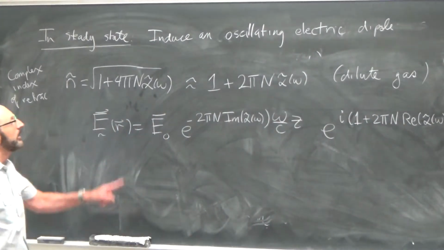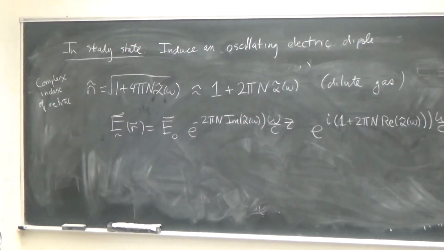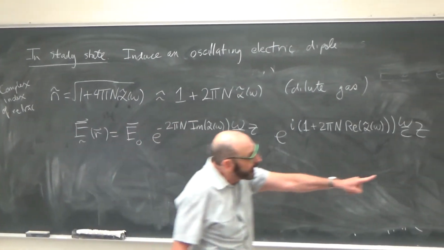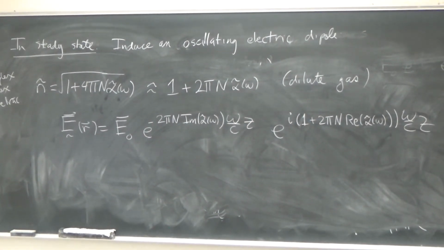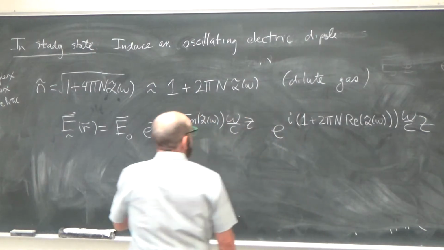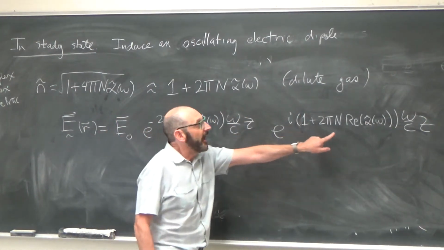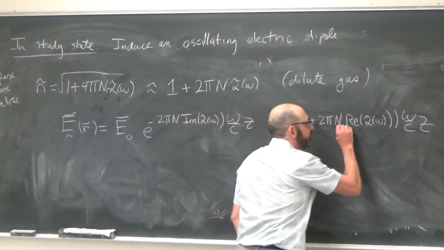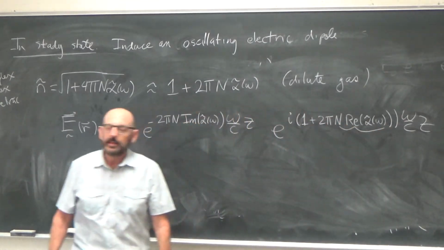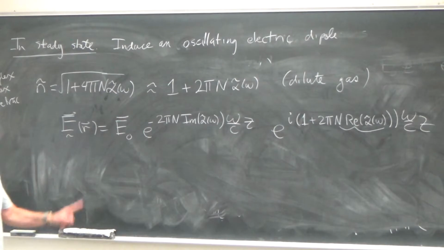Breaking up the term here in terms of its real and imaginary parts. Okay. So what do we see here? Firstly, we see a phase shift occurring related to the real part. That's what we expected.